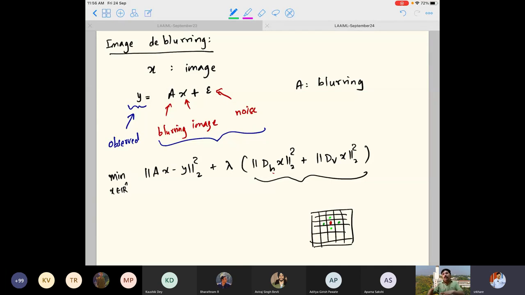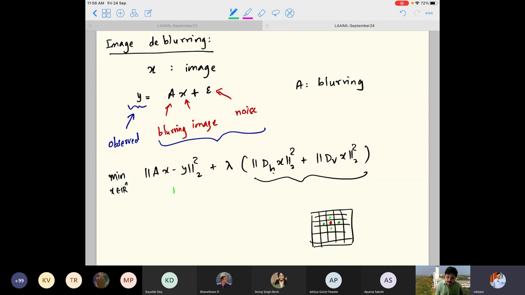There is a kind of continuum in the pixel values. The values do not jump; they change gradually. Typically that is what you observe in any image. So this is the additional smoothness constraint that people impose.